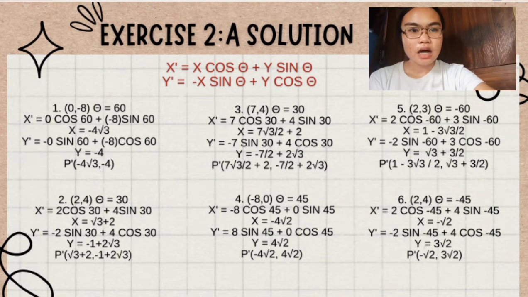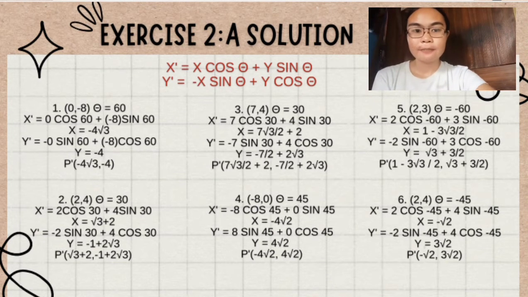And our y dash is equals to negative 7 sin 30 plus 4 cos 30. So our y is equals to negative 7 over 2 plus 2 square root of 3. So our p dash is 7 square root of 3 over 2 plus 2 and negative 7 over 2 plus 2 square root of 3.